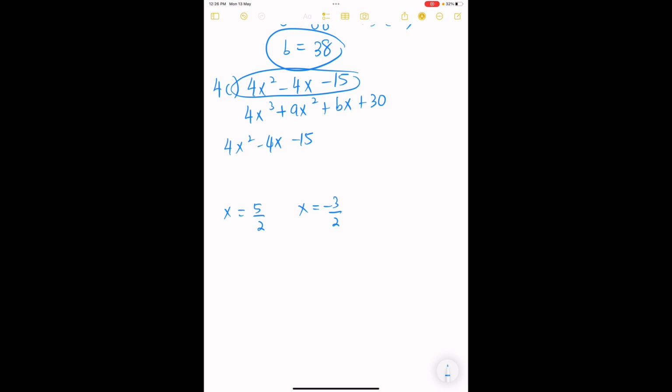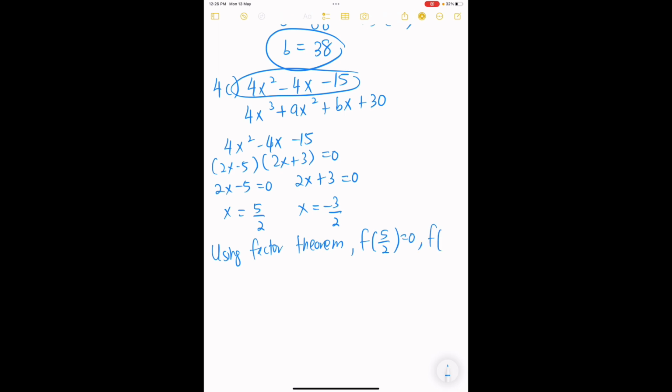You reverse the step. 2x minus 5 equals 0. 2x plus 3 equals 0. Okay, so by using the factor theorem, you have f(5/2) equals 0 and f(minus 3 over 2) equals 0.